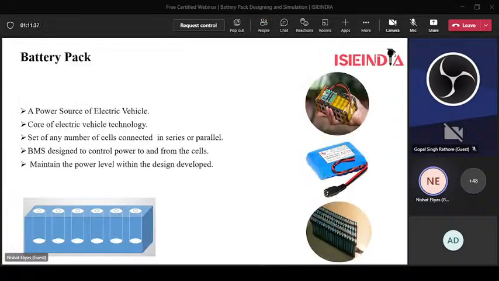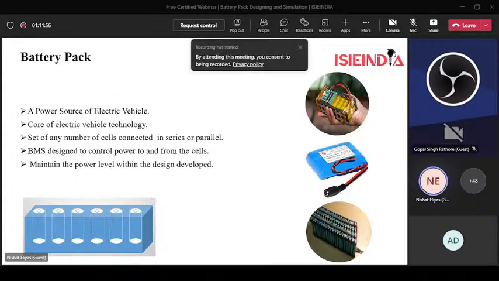First of all, we see what a battery pack is. In our daily life, we see vehicles running on CNG, petrol or gasoline. Nowadays, with increasing numbers, we see moving electric vehicles.